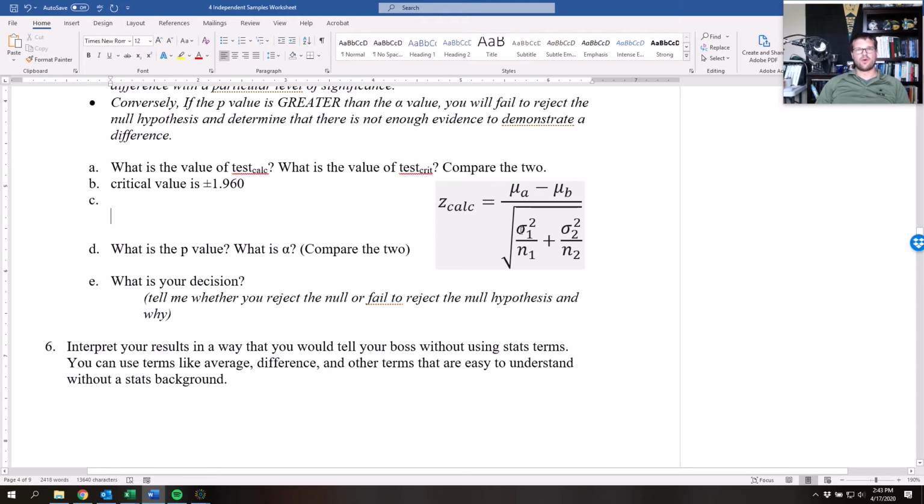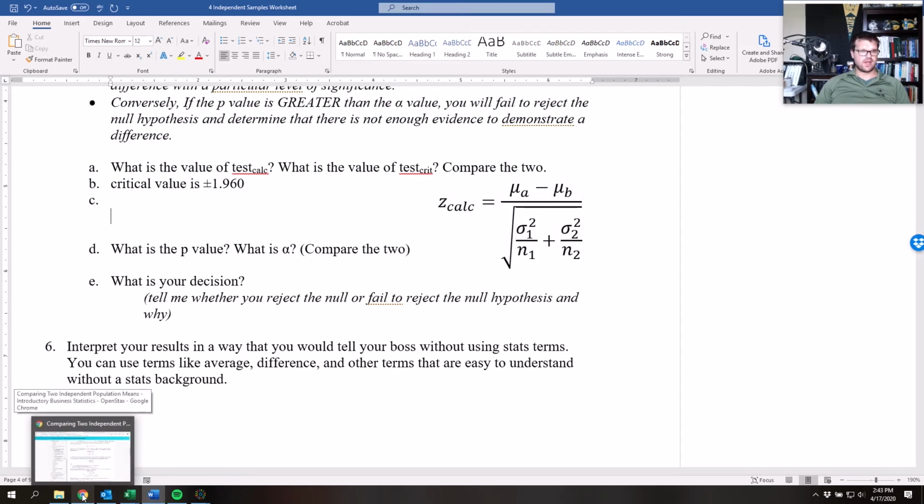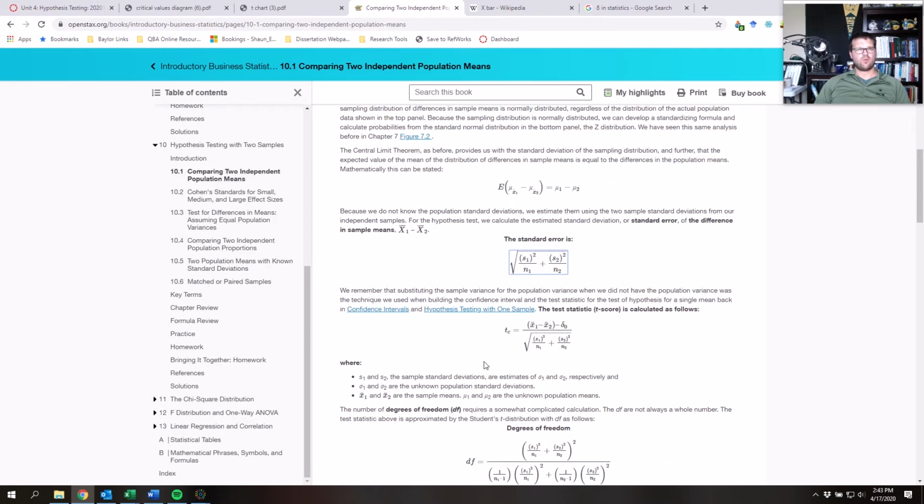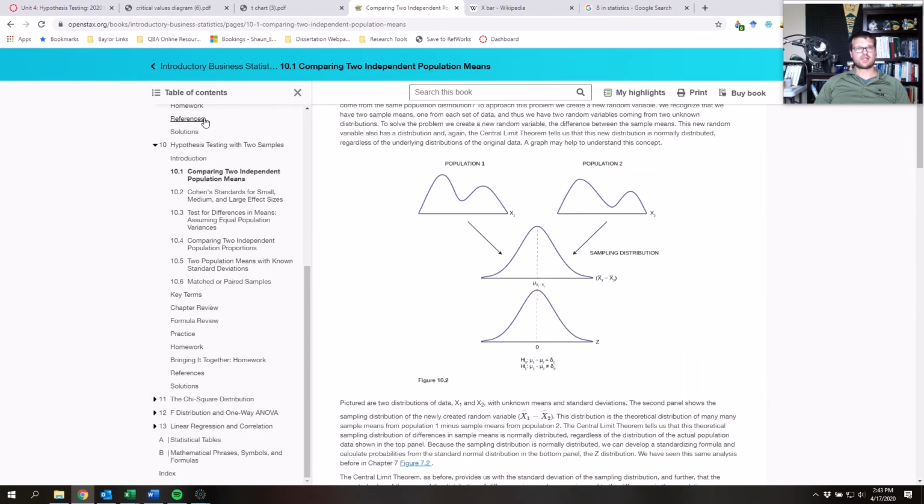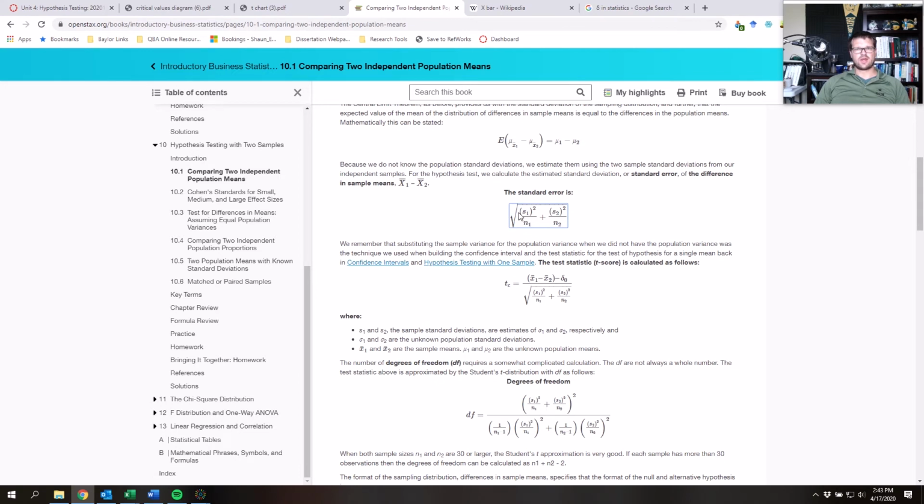If you want to see how to calculate the standard error for independent samples tests, we can come to the online textbook, where we have the standard deviation of the first sample over the sample size n1, plus the standard deviation of the second sample over the sample size n2, and taking the square root of that.